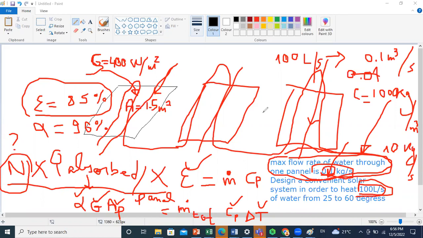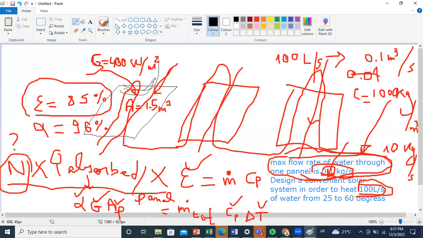So for example here, in addition to this given, if I tell you that we have possibility of losses from the panels to the external environment by convection, then I should give you the convective coefficient.